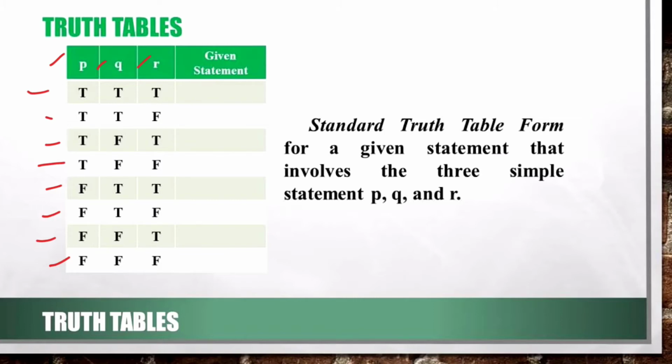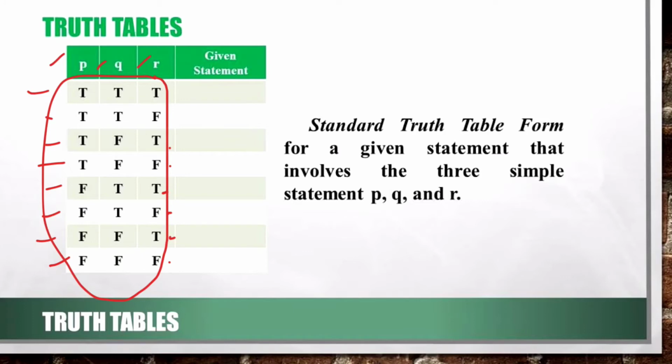So, here we can have true, true, true; true, true, false; true, false, true; true, false, false; false, true, true; false, true, false; false, false, true; false, false, false. So, these are the possible combinations of the statements.